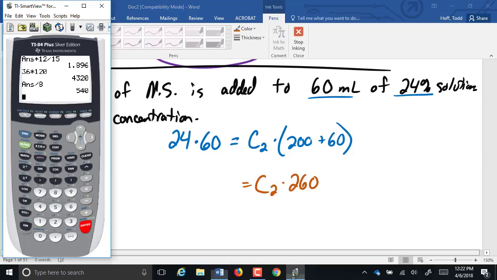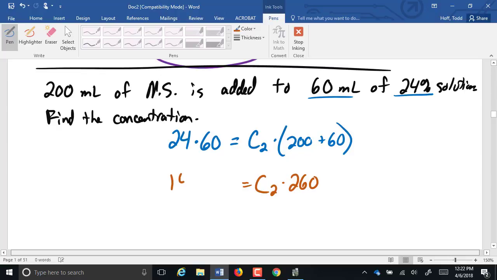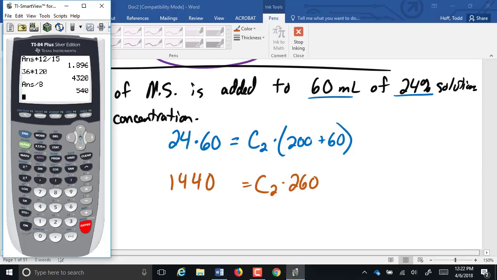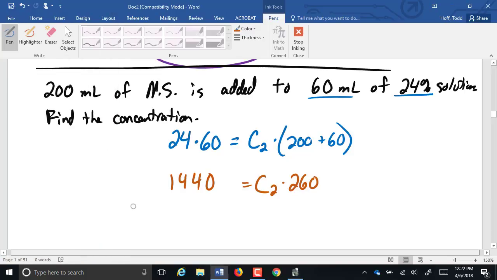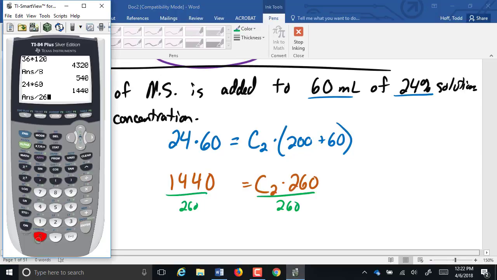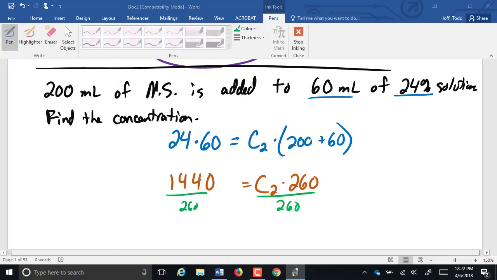Now I'm going to multiply the 24 times 60 over here, which is, I believe, 1440. And it is. And then we solve that equation by dividing by the 260. So we get 5.54% is that new concentration.